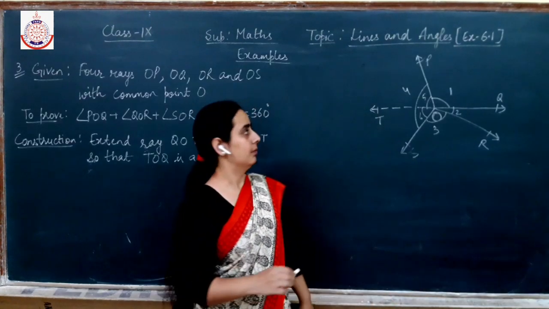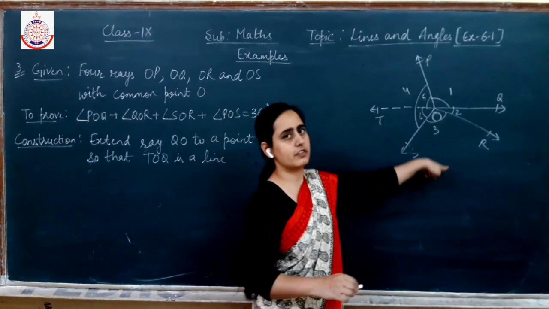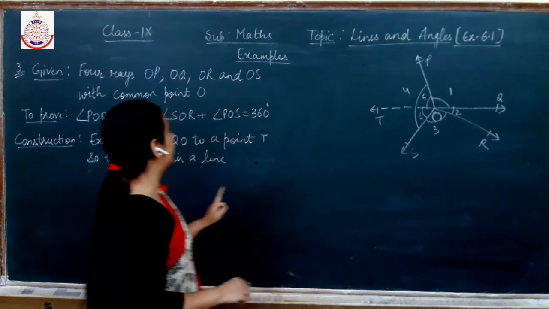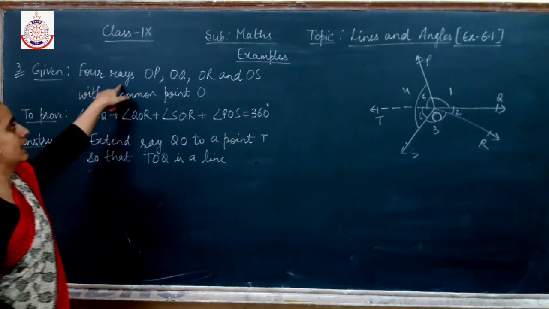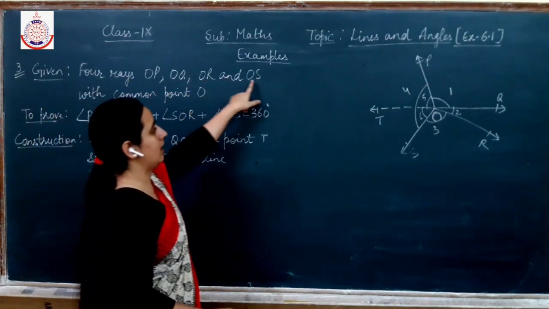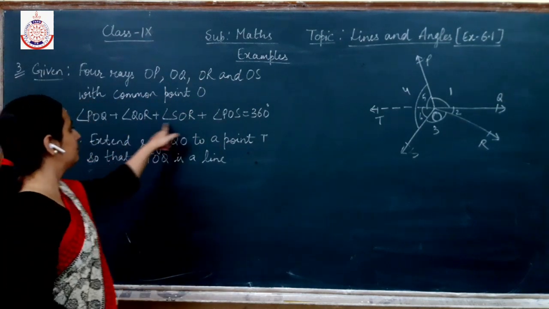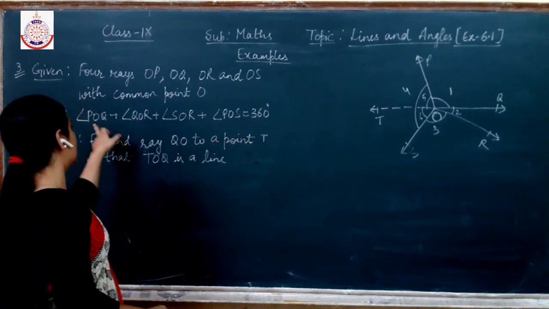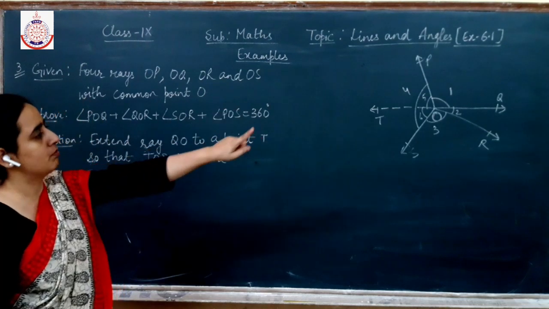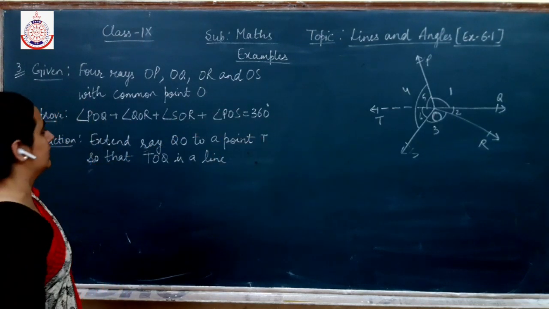Next example. First of all, this figure is given to us. Accordingly, I have written the given 4 rays OP, OQ, OR and OS with common point O. And we have to prove that the sum of all these 4 angles formed is equal to 360 degree.